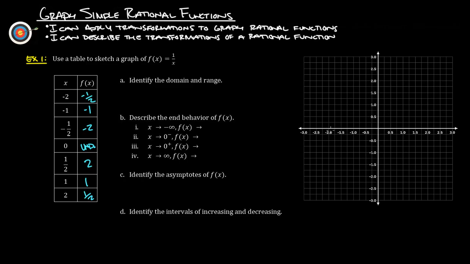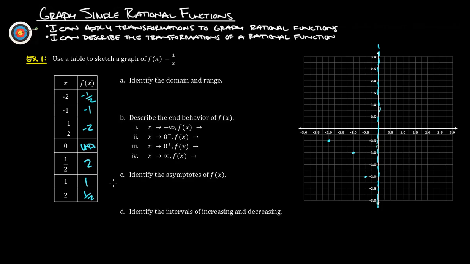So at -2, we're at -1/2. At -1, we're at -1. At -1/2, we are at -2. At 0, we're undefined, so that is what we call an asymptote. Which means that this graph will get close to this line here, but never actually cross this line.